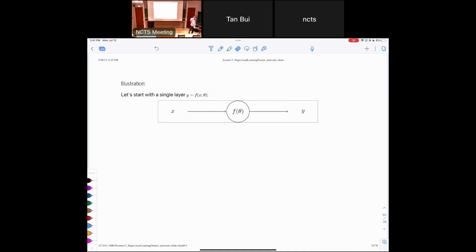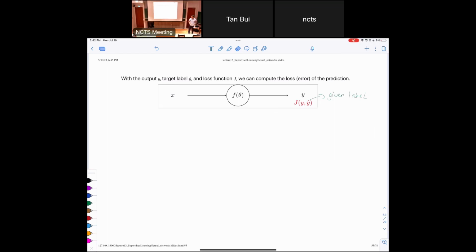Okay, so let's do an illustration for you to see more graphically how it looks. This is a single layer, a very simple layer here. The J is a loss function.